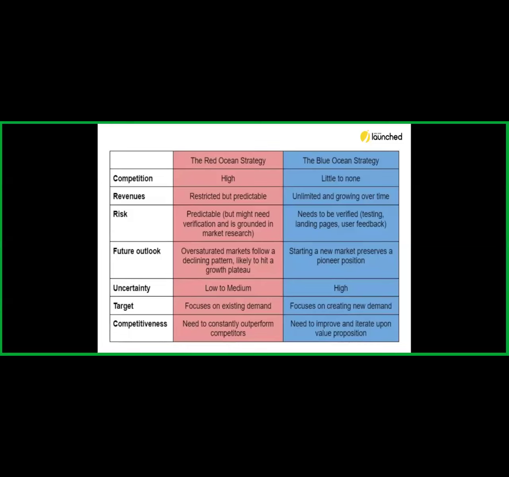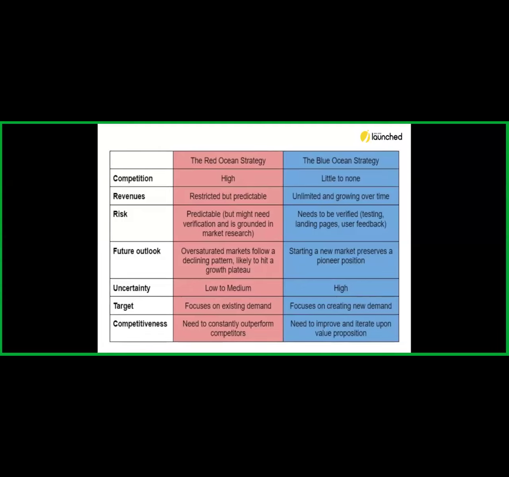Whereas in blue ocean it needs to be verified: testing, landing pages, user feedback. Why is it predictable under the red ocean strategy? Because most of the competitors, including your company, have tried and tested various strategies in that particular sector, because many companies are operating in it. So it is predictable what the result will be if we implement this strategy.